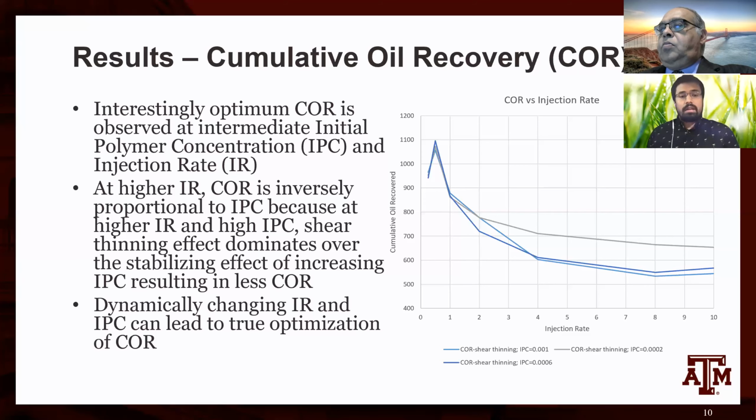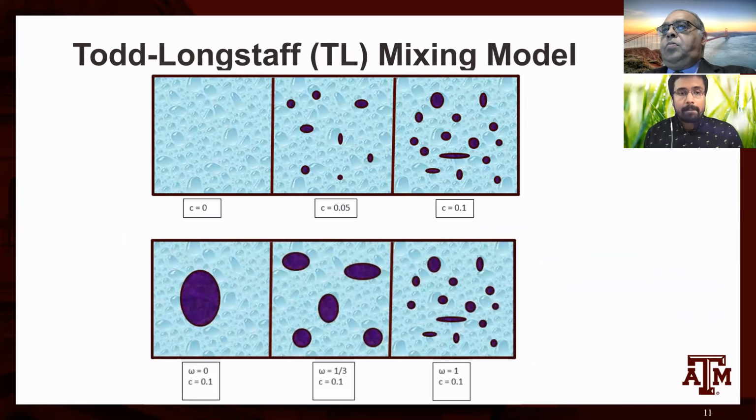This would be very useful in the practical domain to understand how to inject polymer within the tertiary oil recovery process. Professor, if you can move to the next slide.